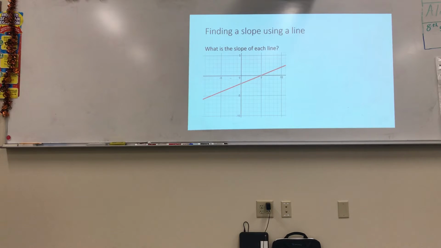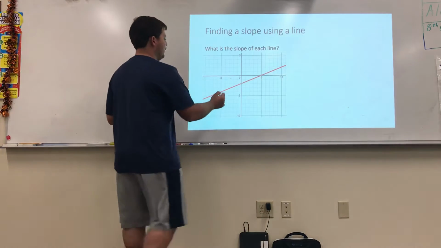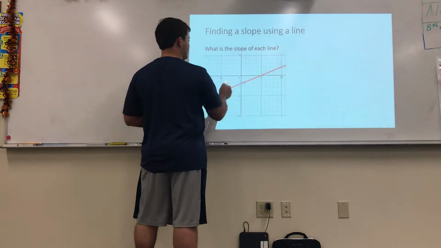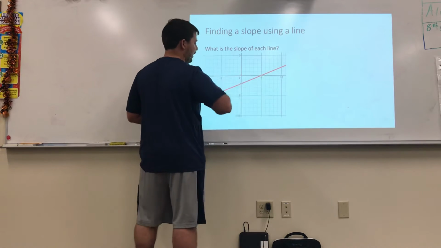So, now, when you graph something, you are always going to be looking at how it changes. Rise is going to be a vertical change, meaning you're going upwards, right? When you run, you go across, right?